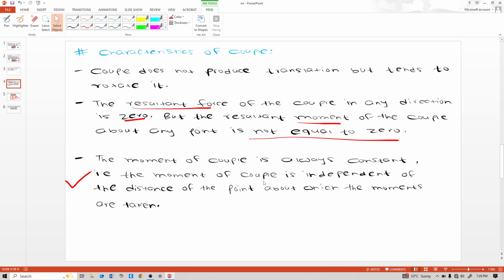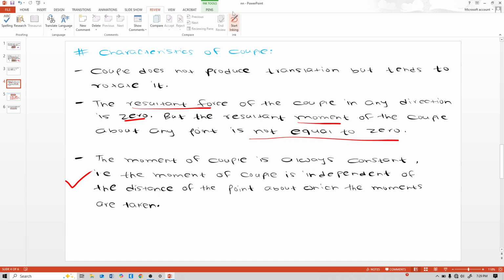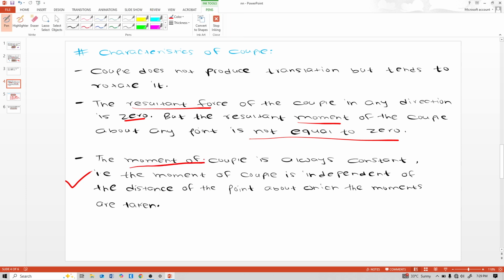That means the moment of a couple is independent of the distance of the point about which the moments are taken. It is not dependent on that distance. So it is constant everywhere. That is the meaning of this bullet point.